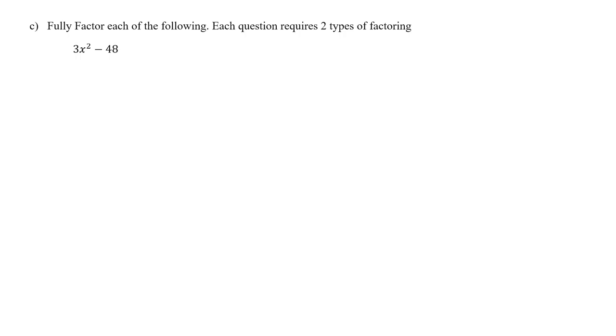Question C, 3x squared minus 48. Well, we have a greatest common factor of 3, so we can start to factor it and end up with 3 times (x squared minus 16). And now once again, within the brackets, we have a difference of squares. So the square root of x squared is x.